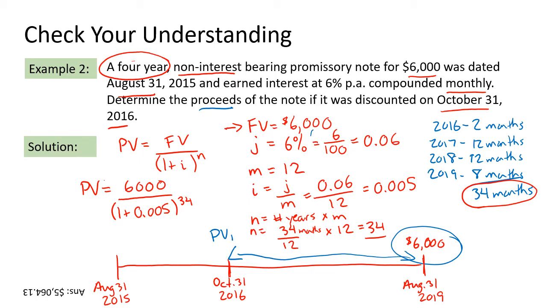So if you calculate that, you get a present value of $5,064.13. So if they pay it back 34 months early, they only have to pay $5,064.13 instead of the full $6,000.